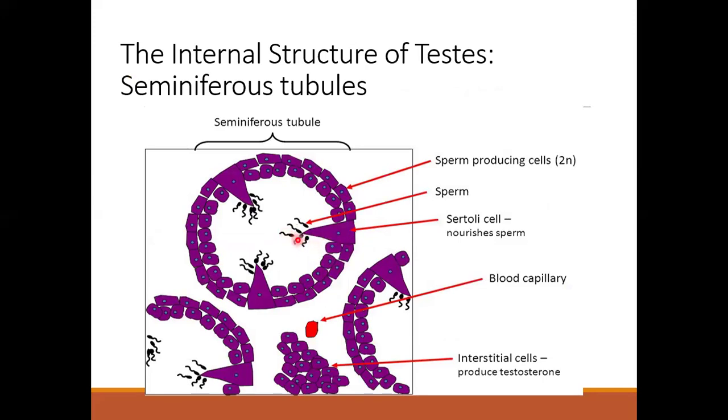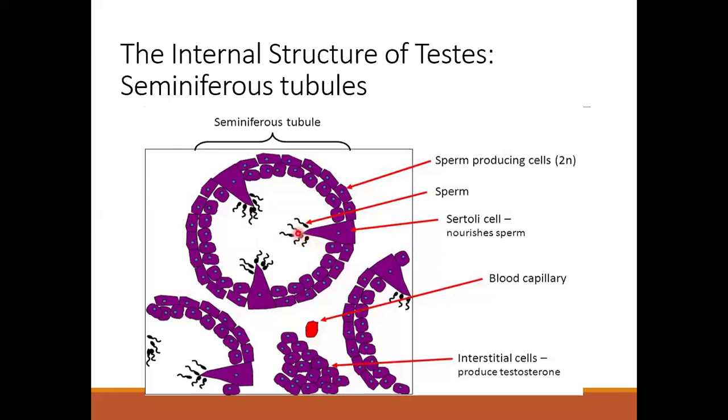We are going to talk about all the developmental stages. They are held along by the Sertoli cells, so they are protecting them to some extent, up to a point where they will be released into the lumen proper. Up to that point, they are still dependent on the Sertoli cells.